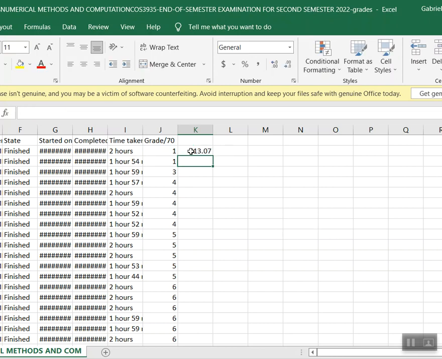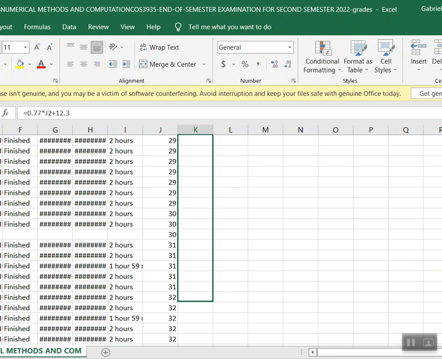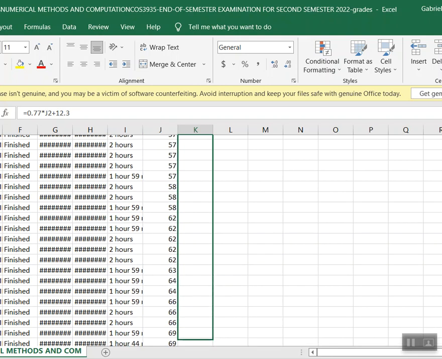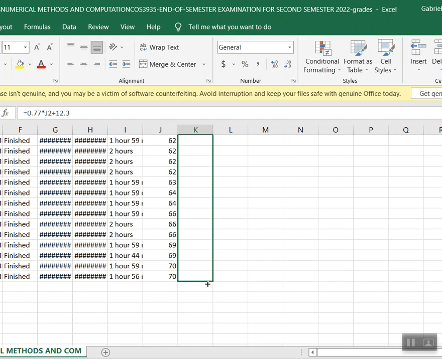So 1 now is 13.7. I just scroll down to the last point, and we are having the last score to be 66.2.